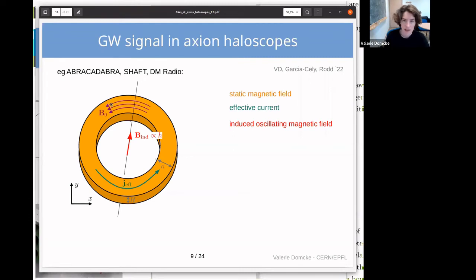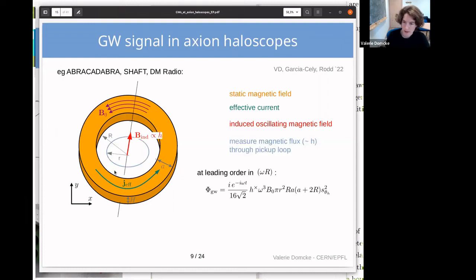And now notice that this induced field is in a region where, at least in theory, you have zero external field, and this induced field is oscillating because it's proportional to your gravitational wave, which is a wave, whereas your external field is static. So these are the two key points that you have in order to distinguish this induced field, which is going to be very small, and you want to pick this up without contamination from your background field, which is very large.